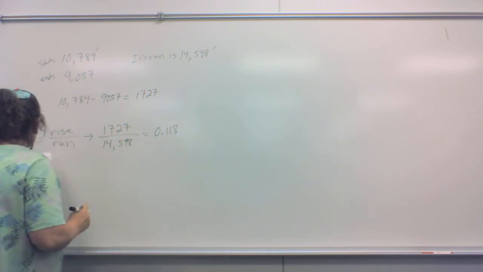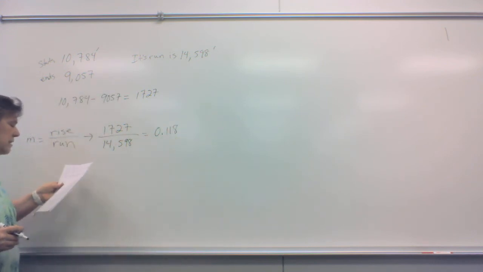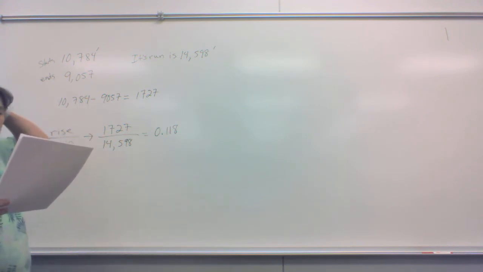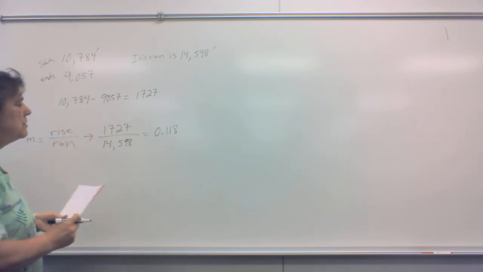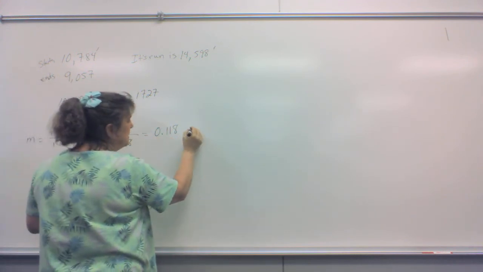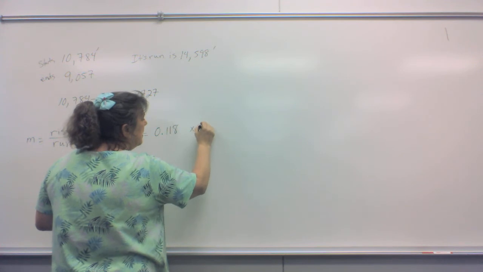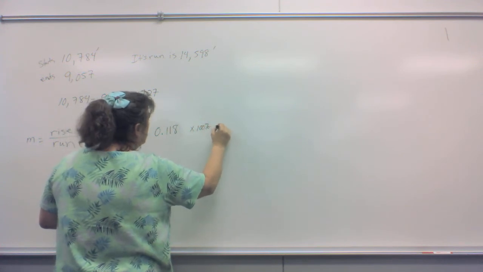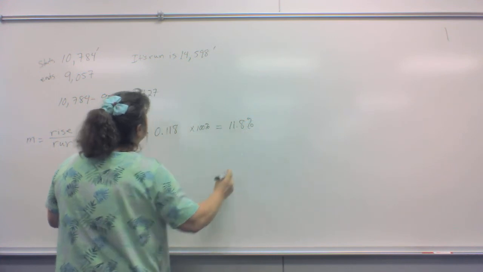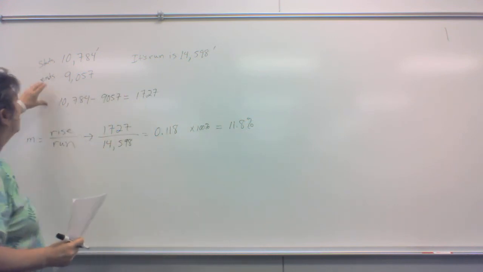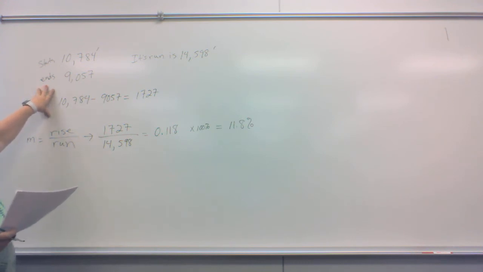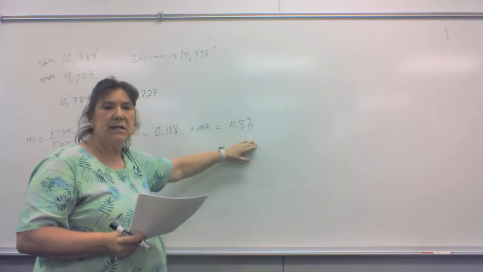And the question is, what is the slope of the trail? And they want that slope in percent. So I'm going to have to change my 0.118 to percent by multiplying it by 100%, which is going to give me 11.8%.